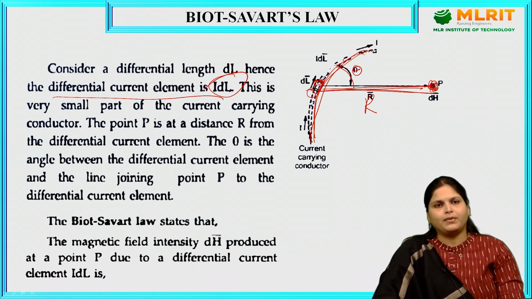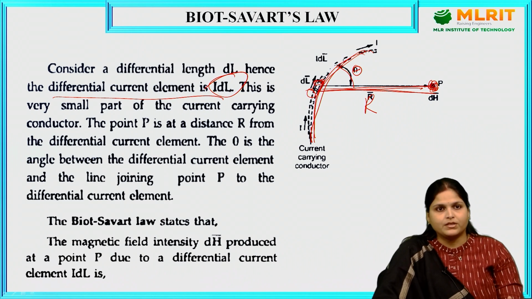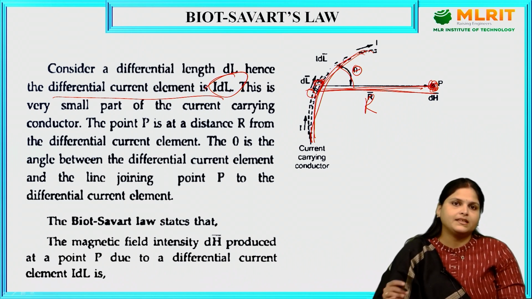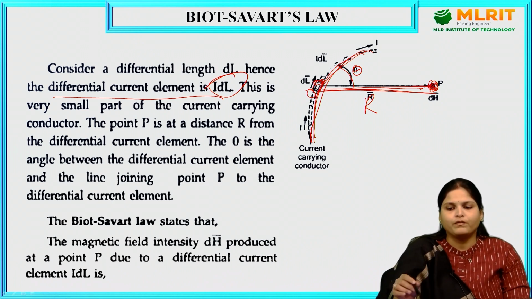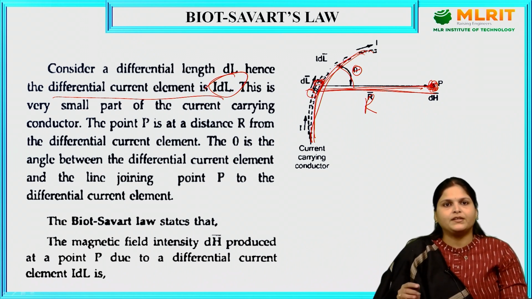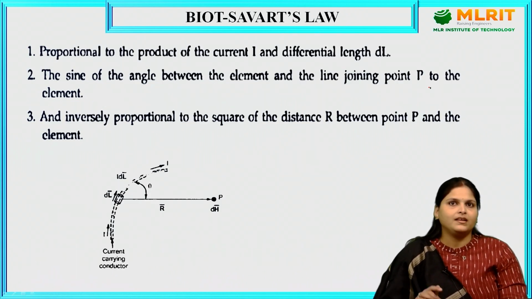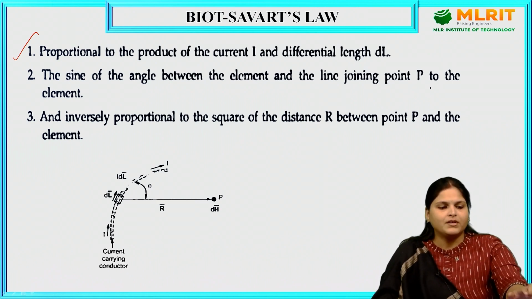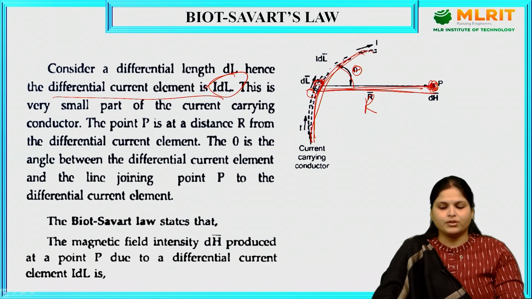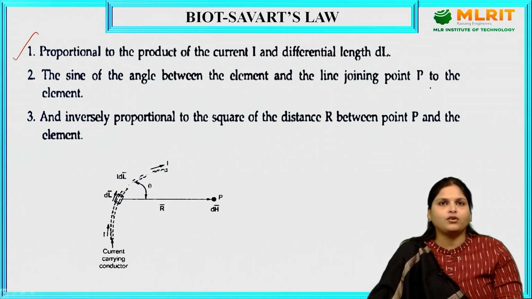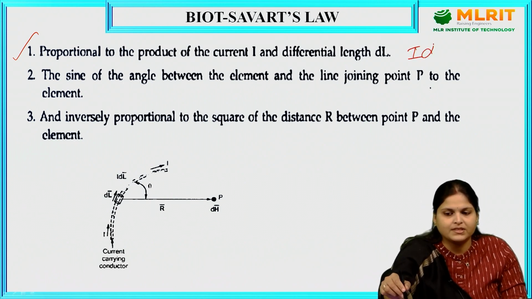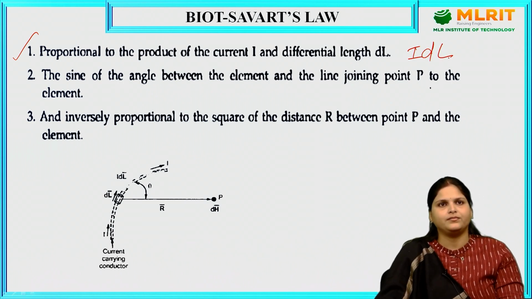Now, what is Biot-Savart's law? Biot-Savart's law states that the magnetic field intensity dH produced at point P due to this small differential current element I dl is, first, proportional to the product of current I and differential length dl, which can be written as I dl.